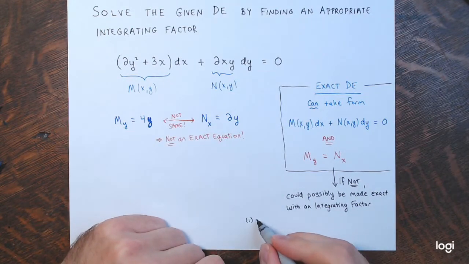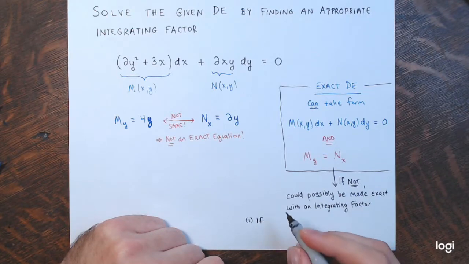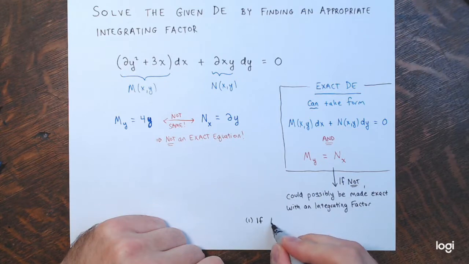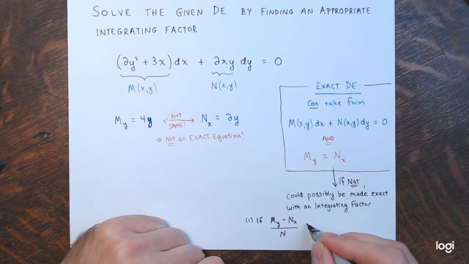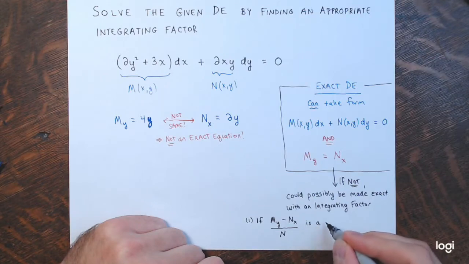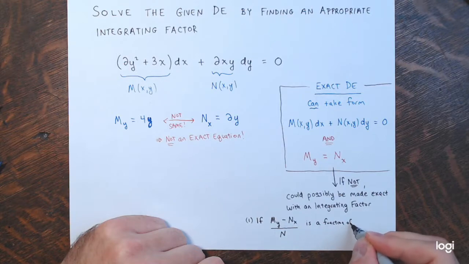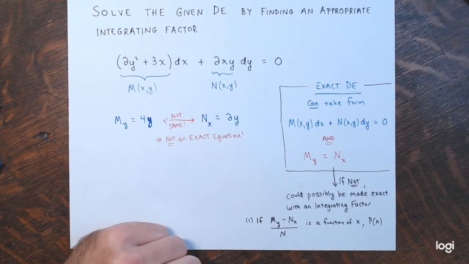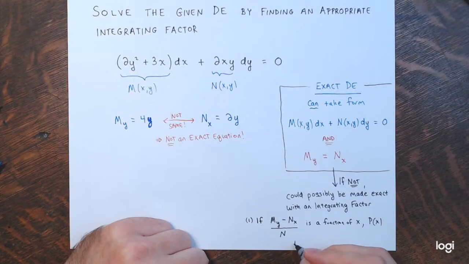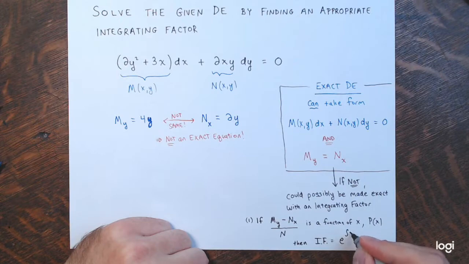So one, and we'll have to check two expressions here, if M sub y, the partial of M with respect to y, minus N sub x, the partial of N with respect to x, divided by N, just plain old N, is a function of x, say capital P of x, some function that's dependent solely on x and not y, then the integrating factor, I'll just call it IF, is going to be e raised to the integral of P of x dx.